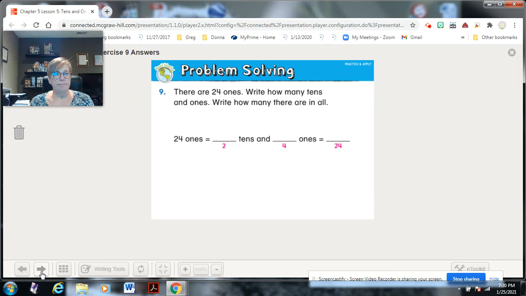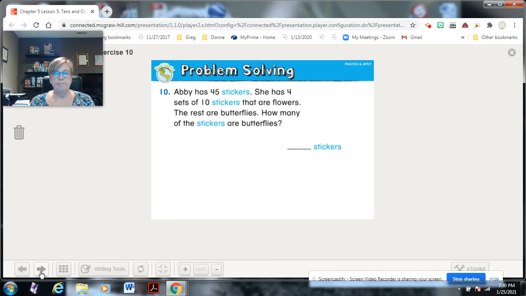That's right. The same as what you just did. Very good. Number 10, Abby has 45 stickers. She has 4 sets of 10 stickers that are flowers. The rest are butterflies. How many stickers are butterflies?